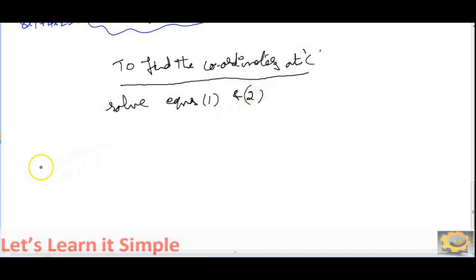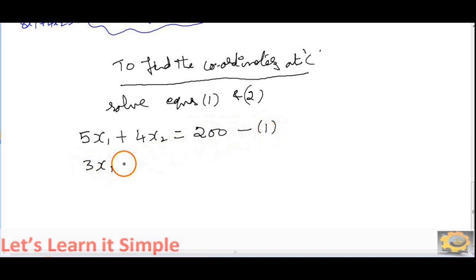Equation 1 is 5x1 plus 4x2 equals 200. This is equation 1. Number 2 is 3x1 plus 5x2 equals 150.